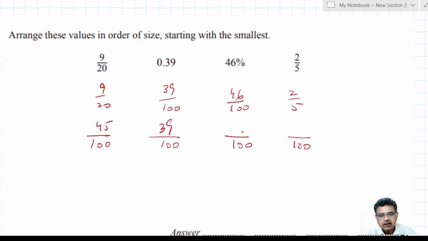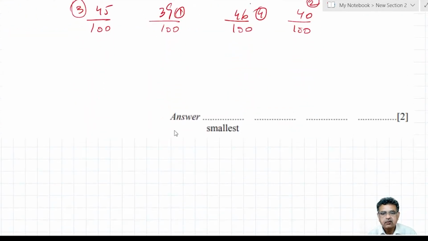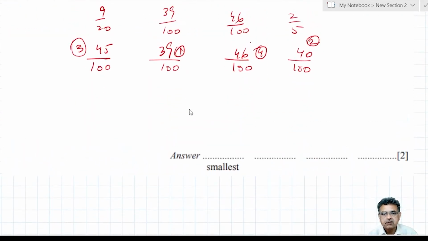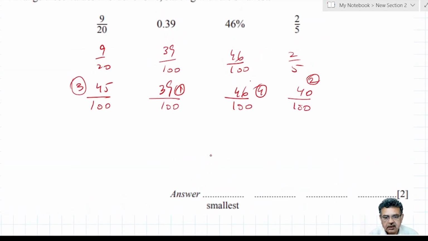This will be written as it is. Dividing by 5, 20, 2 2s are 40. Now which one is the smallest? This one, number 1. Then this is number 2, 3, and this is 4. This time there are 4 values. So the smallest one is 0.39.